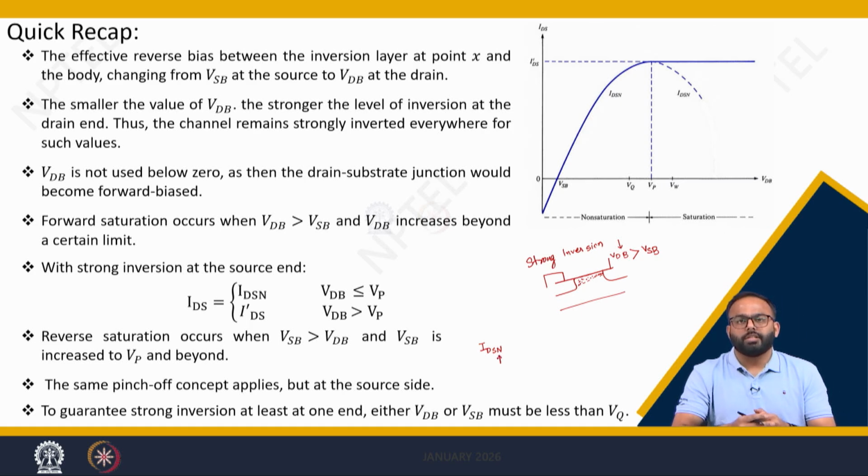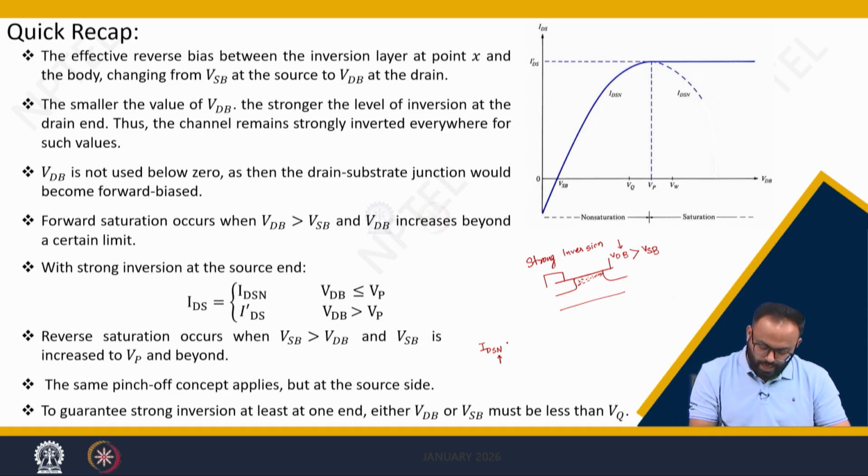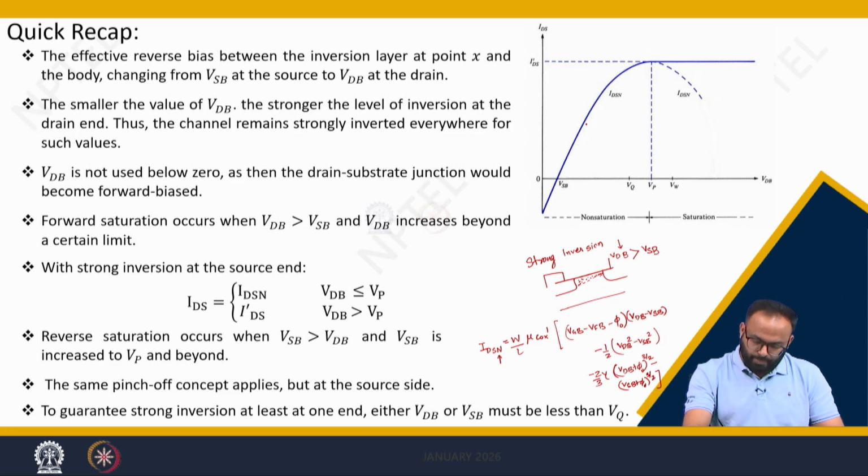We said that in this region of operation the drift current dominates, and we calculated this complete equation as W by L into mu into COX dash into VGB minus V flat band voltage minus phi naught into VDB minus VSB minus half of VDB square minus VSB square minus 2 by 3 gamma times VDB plus phi naught to the power 3 by 2 minus VSB plus phi naught to the power 3 by 2. This equation is applicable here.